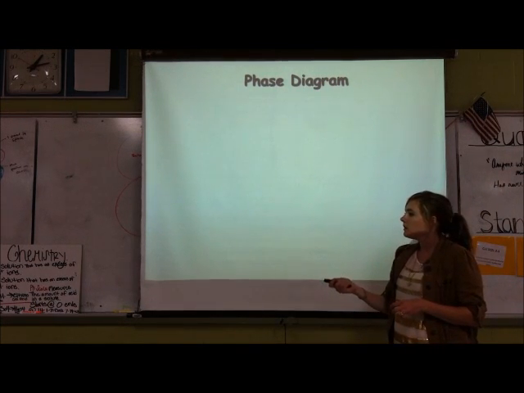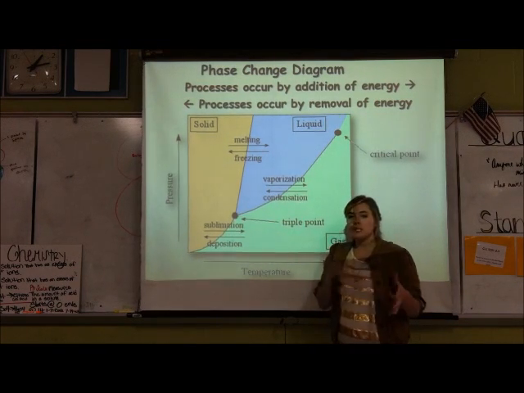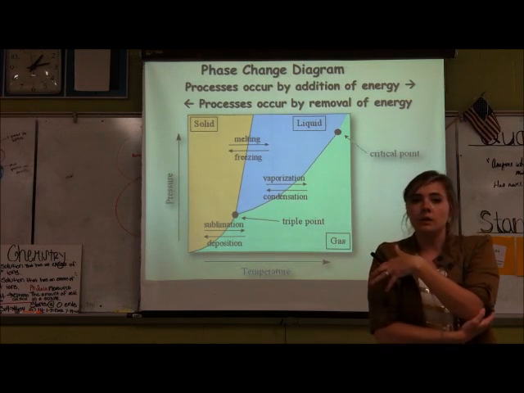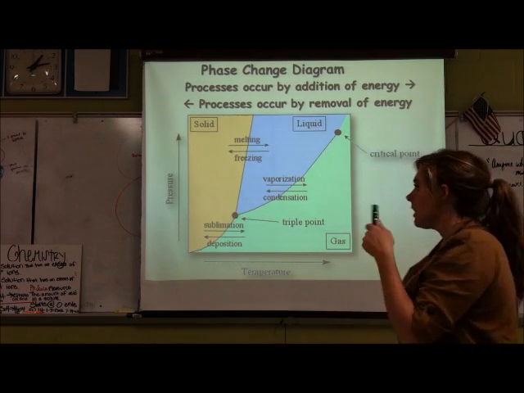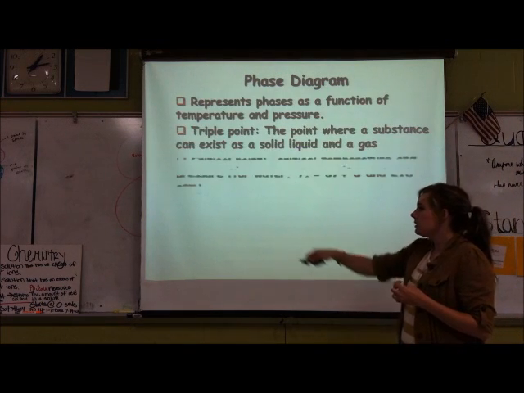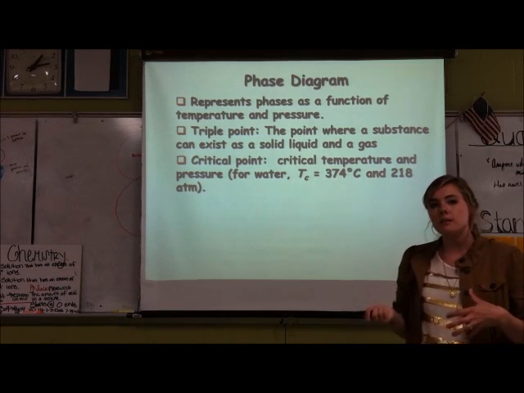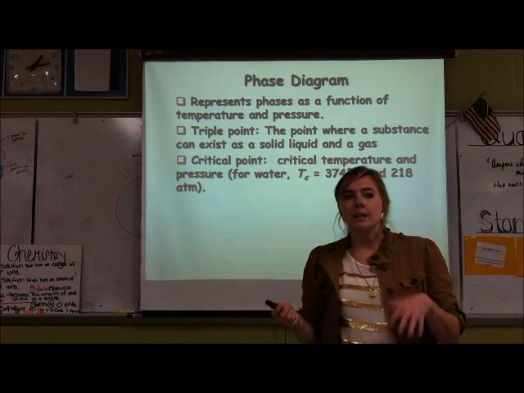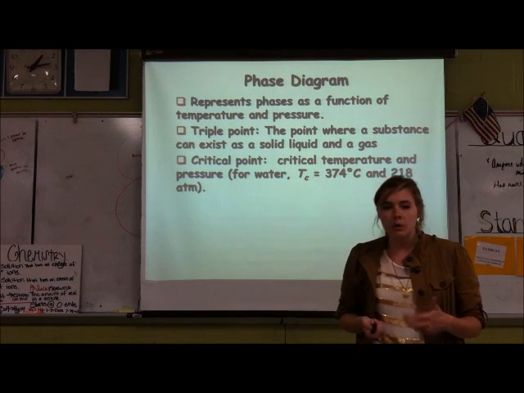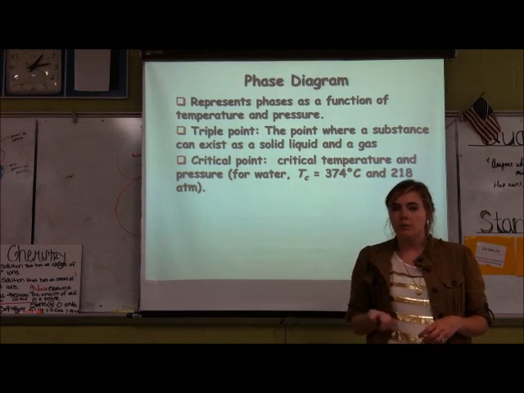At that particular pressure and temperature, it's just as likely that your substance will be solid, liquid, or gas. Critical point: a critical temperature and pressure where you sort of mix the lines between a liquid and a gas, and your gases tend to take on liquid properties. Tends to be higher energy and high pressure.